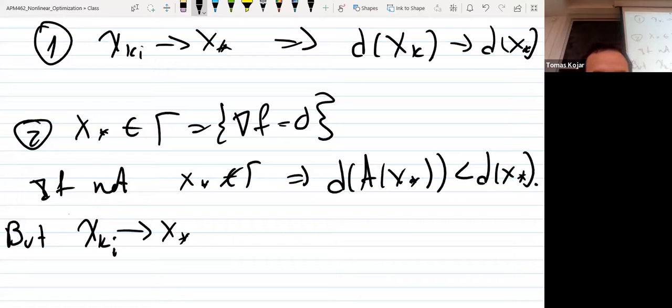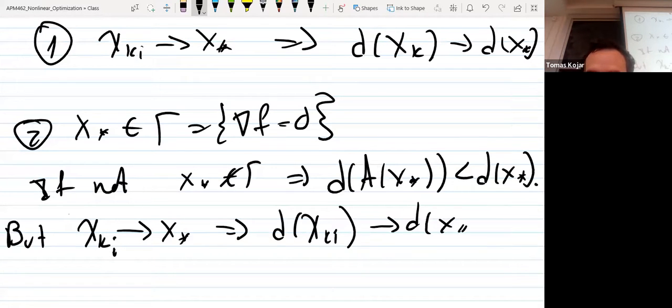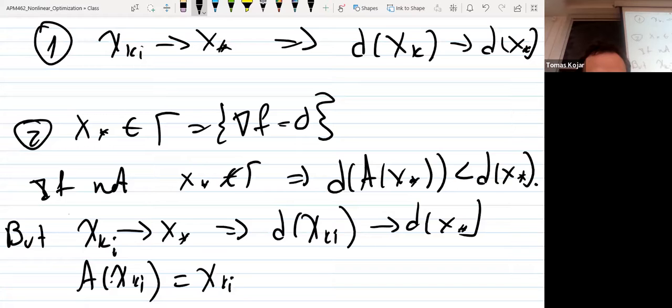X_ki goes to X star, which means that D of X_ki goes to D of X star. But the same is true if you take their functions, because the algorithm is supposed to be continuous. This also goes to X star.